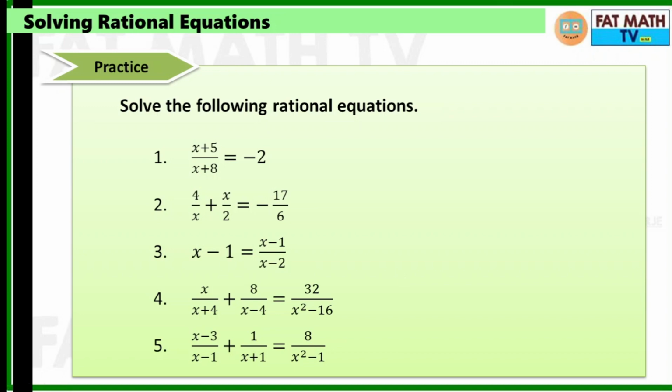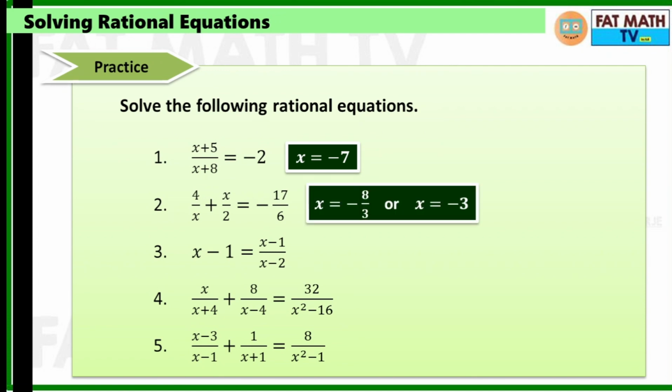For number 1, the answer is negative 7. Number 2, the answer is x equals negative 8/3 or x equals negative 3. Number 3, we have x equals 1 or x equals 3.